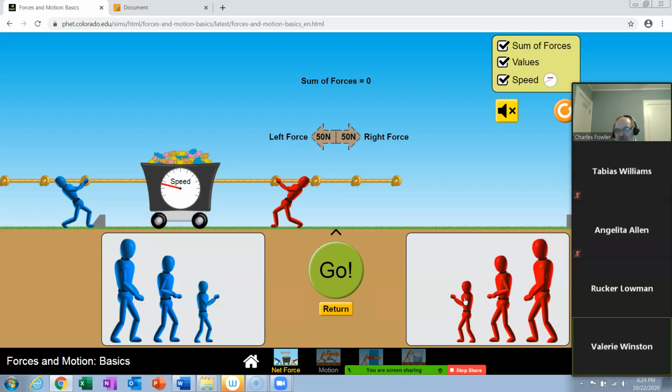Well, the force has no direction. Okay, that's right. Will there be an acceleration? No, no direction for acceleration because there is no acceleration. But the next one, what is the motion of the cart? The cart still has motion because it was still going to the left, but now it's not at an increasing speed like it was without the little red Android.